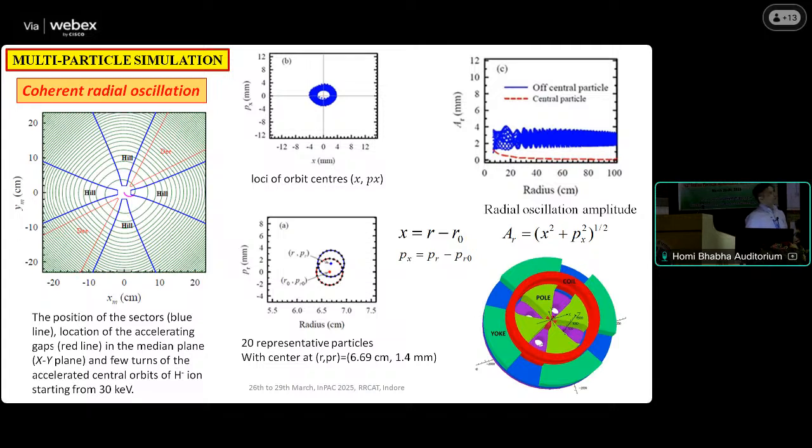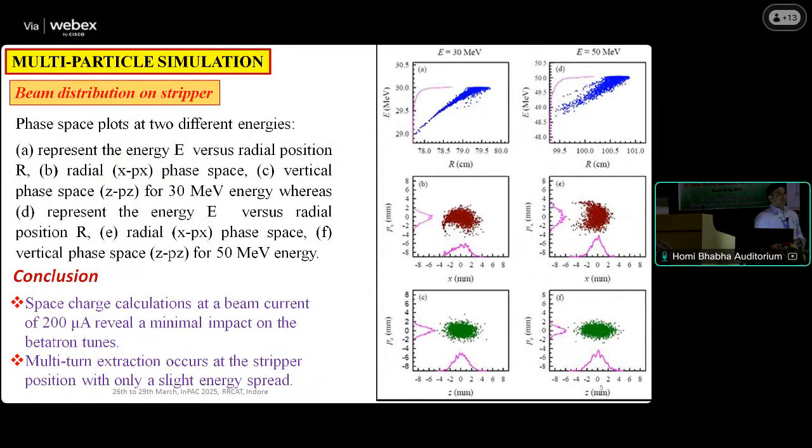You find that this red dotted line is the central particle for the accelerated equilibrium orbit, and these are the radial oscillations of the rest of the 20 particles around it. It is not very high, which indicates that our design field is very good. Next we calculated, in a minute.